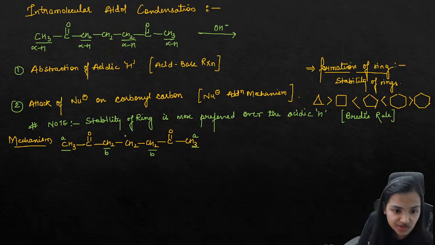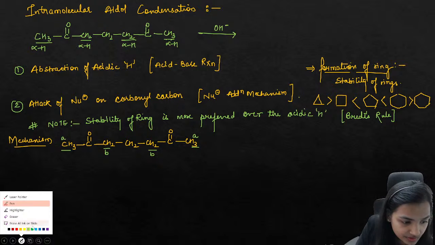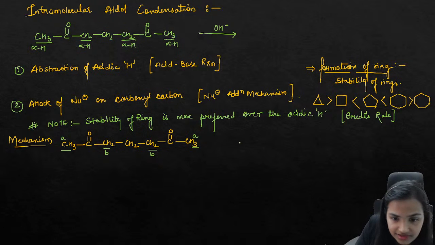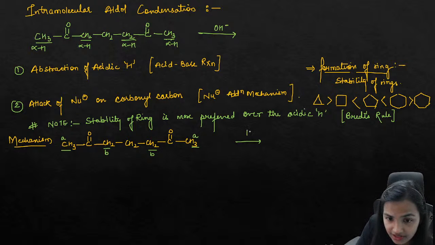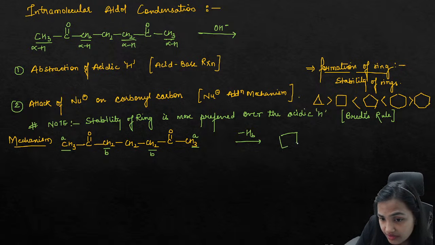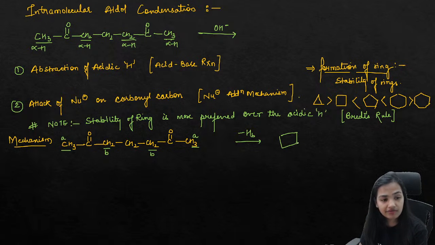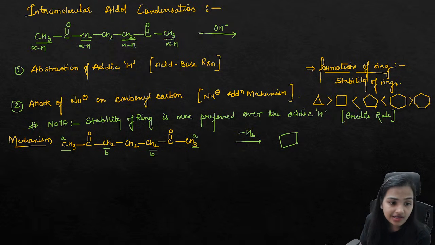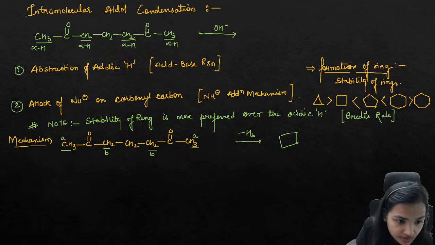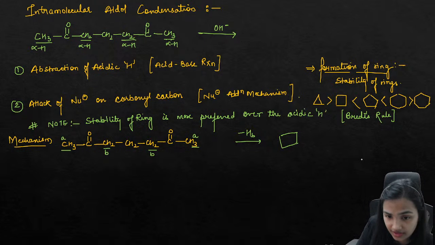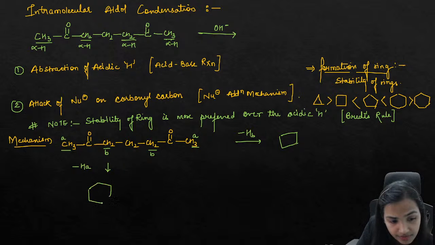If I abstract the B acidic hydrogen, HB, with the base, I will be getting a 4-membered ring formation. If I abstract the acidic hydrogen A, I will be getting a 6-membered ring.